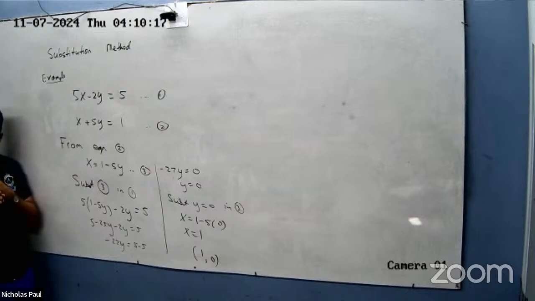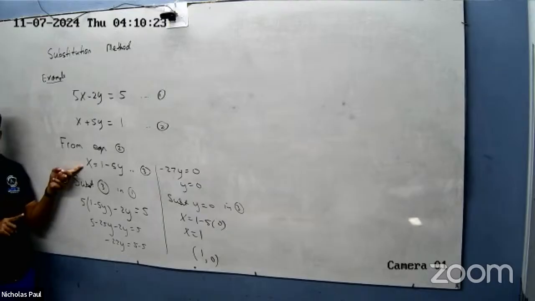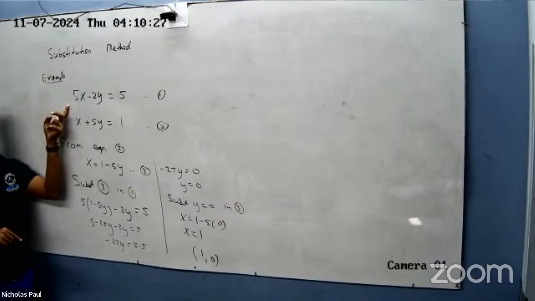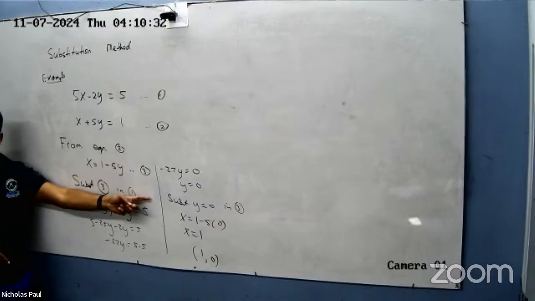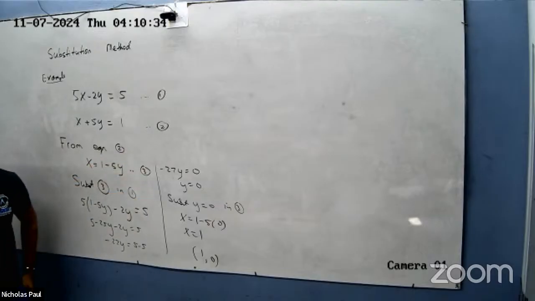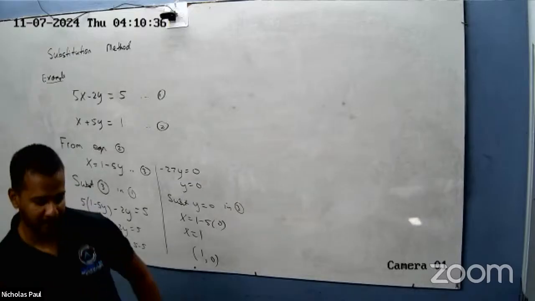Next is what? Make x the subject, very good. Then substitute this equation in, not 2, in the next one, equation 1. And then solve for y in this case, right? All right, I'm going to board next.